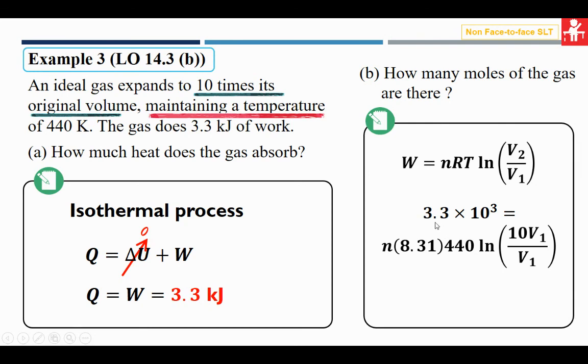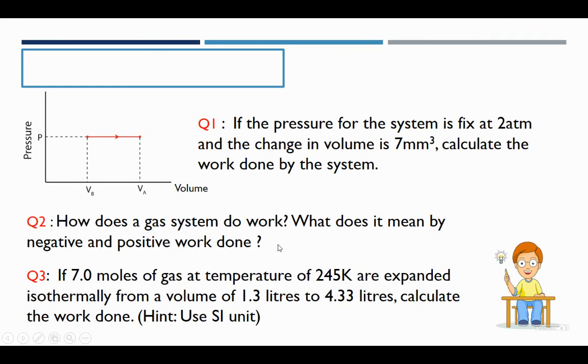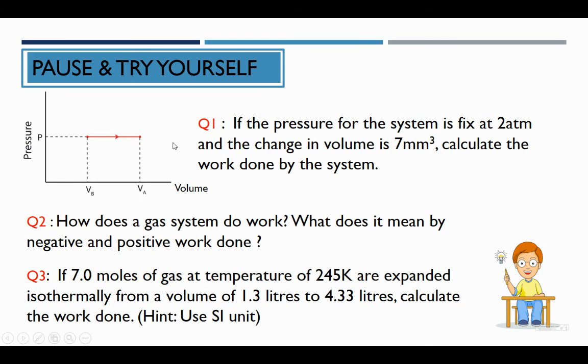W equals 3.3 times 10 to the power of 3 equals n, the number of moles, times the gas constant 8.31, times the temperature 440, times ln of the final volume, which is 10 times bigger, over the original volume V1. So we get n equal to 0.39 moles. Now you may pause the video and try the question by yourself.